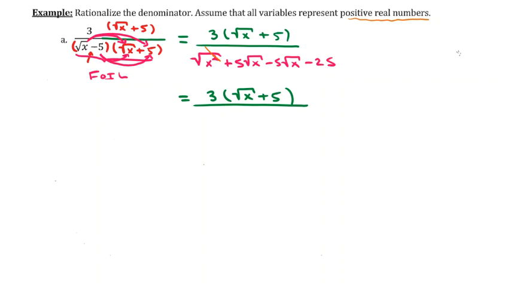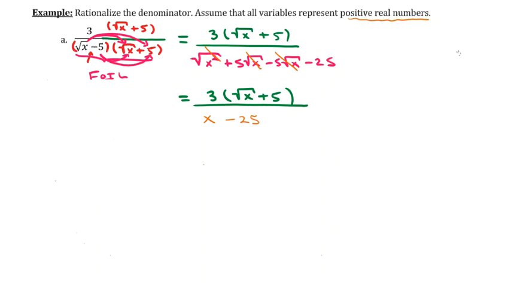We could just write that simply as x. We also have some opposite terms here, positive 5 radical x minus 5 radical x. These are going to cancel out from each other. And the negative 25 here doesn't combine with anything, so I'll just have to write it back down as minus 25.